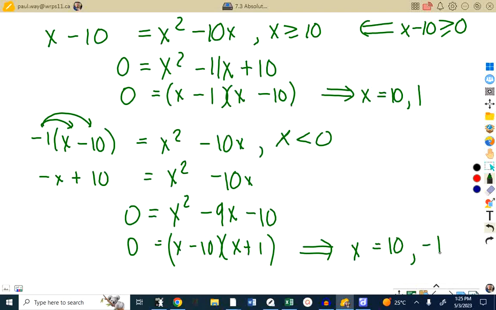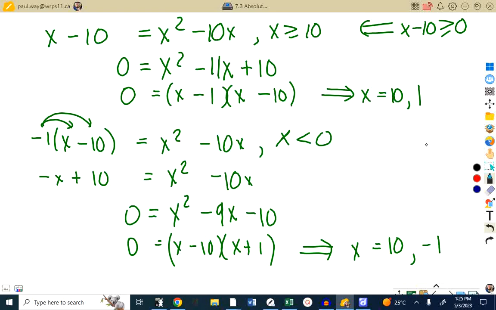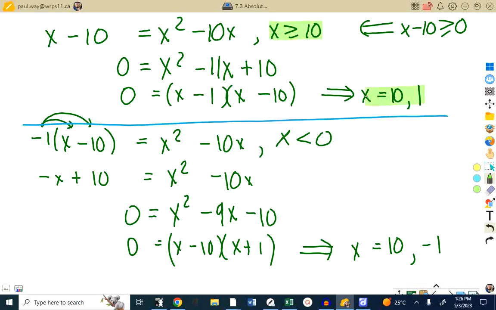Now, I used green everywhere, so maybe I'll just separate these two with a line. Everything above that line is the first equation. And the first equation that we solved has that subdomain. These are our two solutions. Is this 10 a solution? Yes.